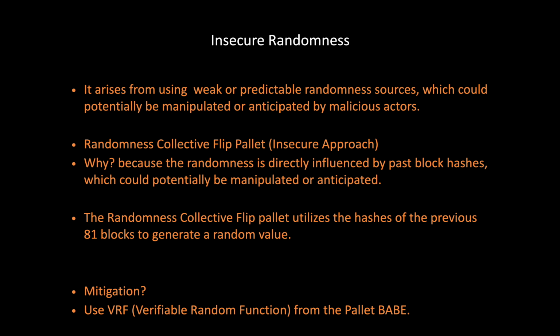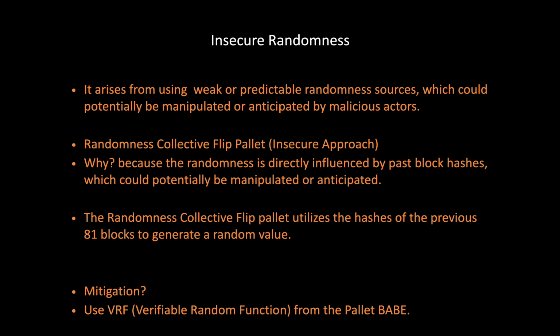We have this kind of issue, insecure randomness, if you use weak or predictable randomness sources. These randomness sources can potentially be anticipated or manipulated by malicious actors. For example, in the Substrate ecosystem, we have a pallet called the randomness collective flip pallet.